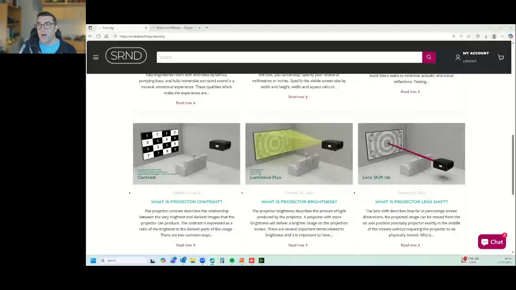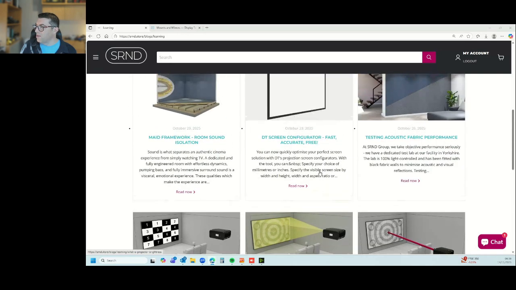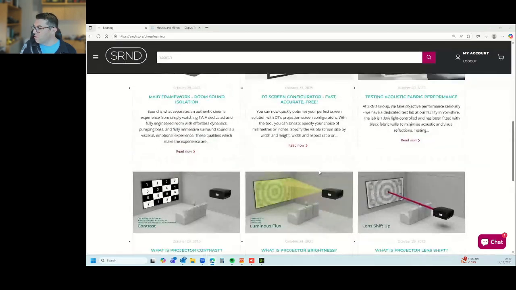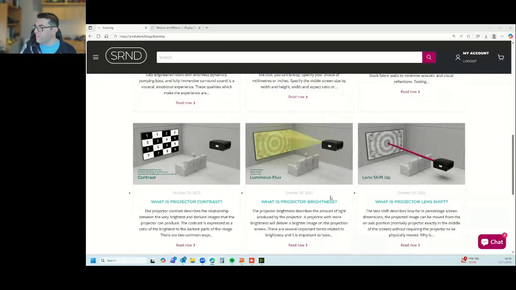There we go. As a reminder, if you want to zoom in, you just click the main screen and you'll see the full page on your screen. So this is the learning section on the website. There's quite a lot of articles and stuff like that on there.